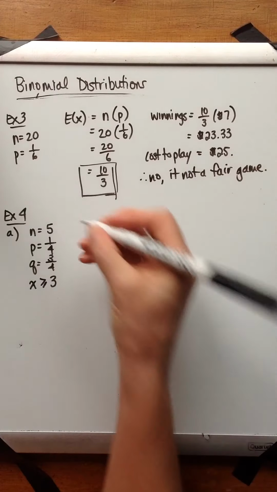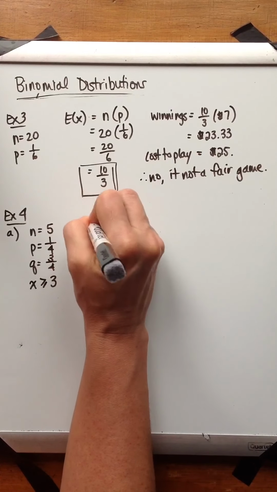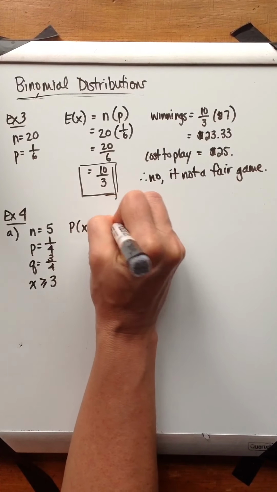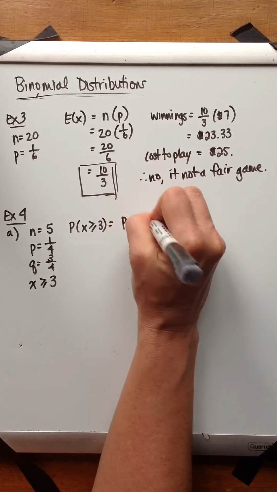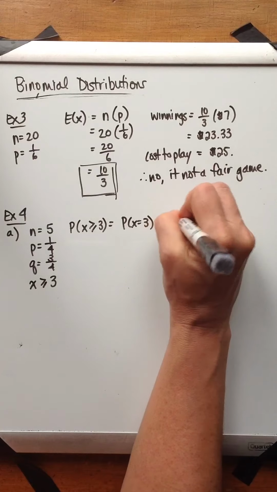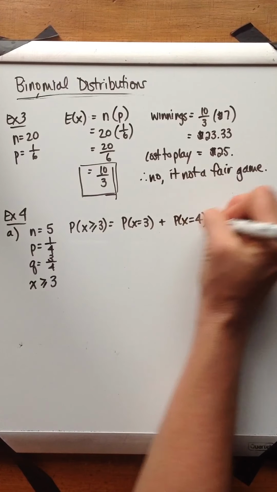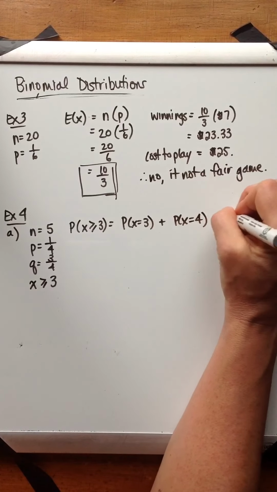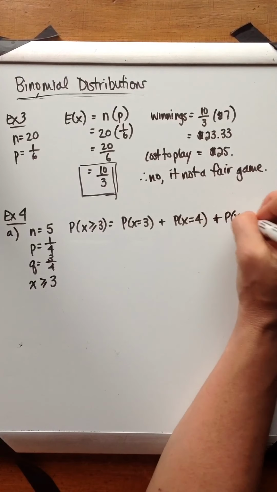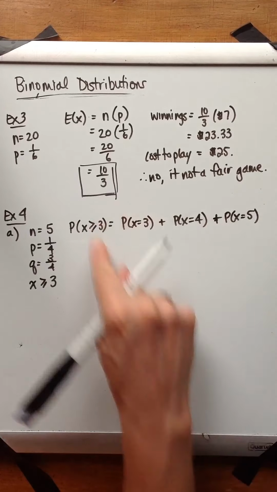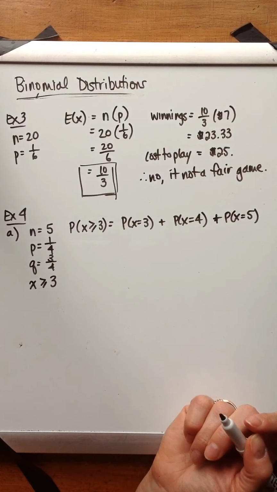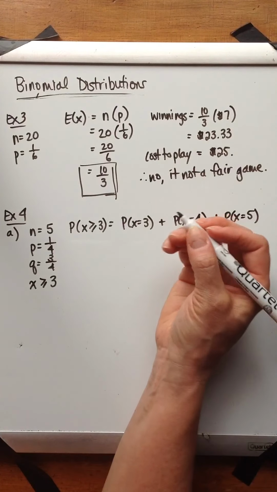So, what is the probability for us to have x being greater than or equal to 3? Well, it's going to be the sum of the probability when x is 3, when x is 4, and when x is 5. Right? 3 right, 4 right, or all 5 right would all constitute passing a 5-question multiple choice question.